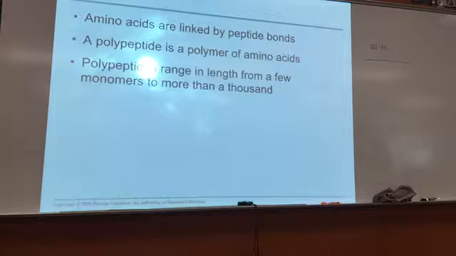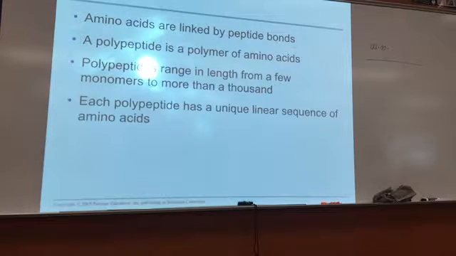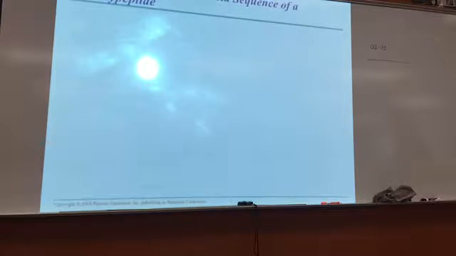And they can range in length from a few to more than 1,000, so it depends on the molecule. And each polypeptide, what makes them different from other polypeptides is that sequence of amino acids. So is it glycine next to alanine, next to arginine, and so on and so forth. So how they're hooked together changes the construction.